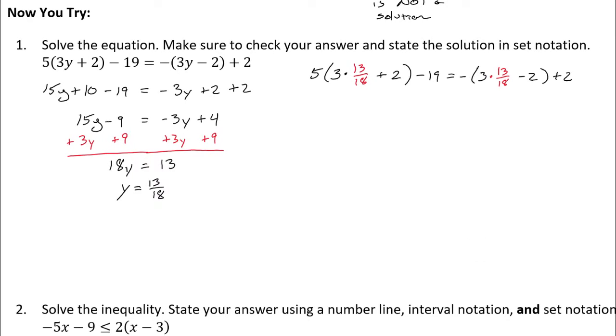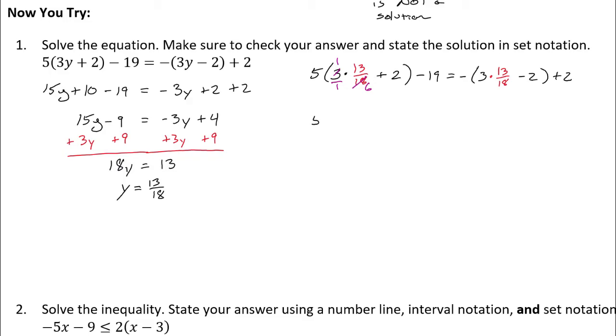All right, so we're going to remember this 3 is over a 1, and we can reduce that 3 and the 18 now to a 1. Let's do purple's fine. Reduce the 3 to a 1 and the 18 to a 6.